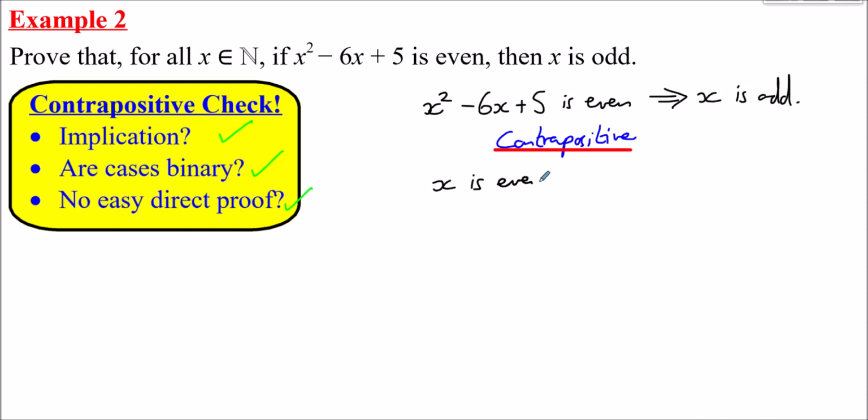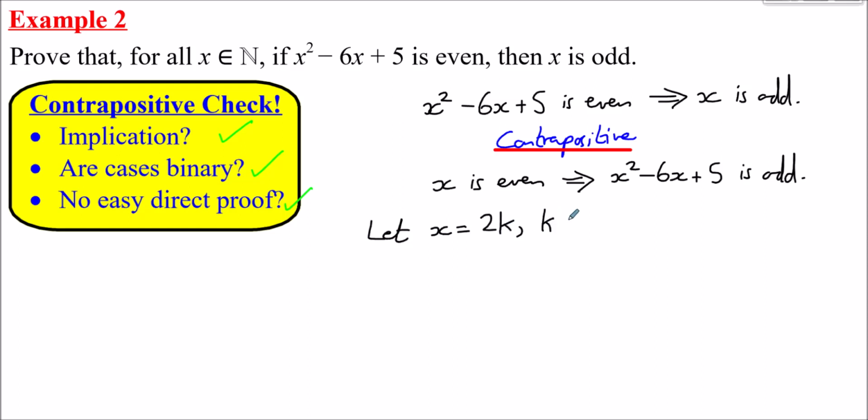So the contrapositive means if x is even, that should imply that x squared minus 6x plus 5 is the opposite to even, is odd. So can we prove this? Well, if x is even, just let x equal some multiple of 2. Call it 2k, where k is a member of the natural numbers.